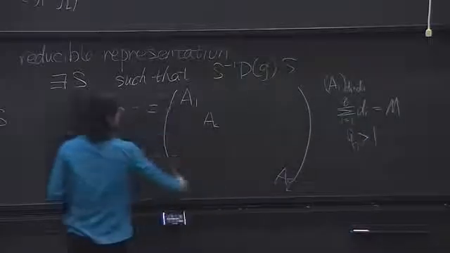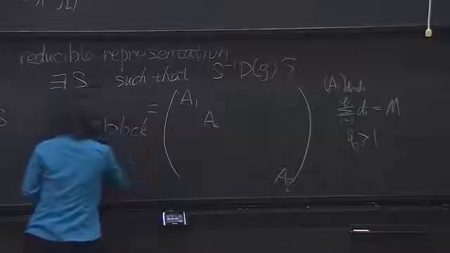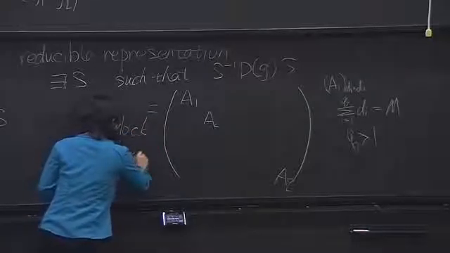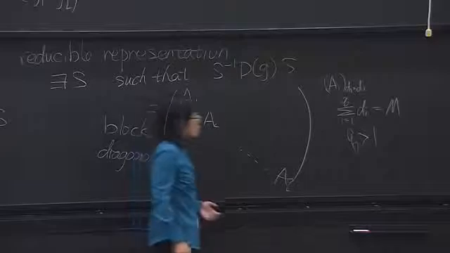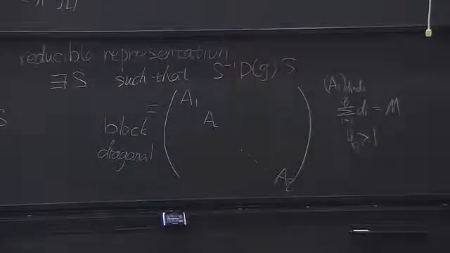This format of matrix, where everything else is 0, is called block diagonal. If we can put our representation in such a format, then we call it reducible.